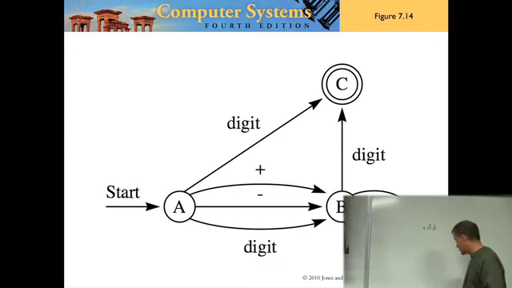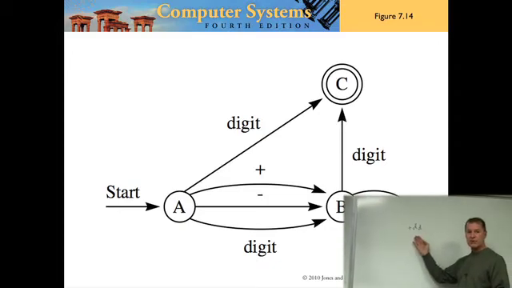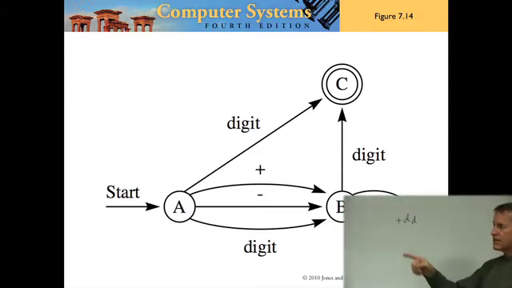Here's the string that we're trying to parse, plus DD. And let's see if we can imagine the transitions. Suppose we come in and we start at A. Now suppose we take that diagonal up to C. Oh no, we can't, because it's a plus. Sorry, we have to take the plus to state B. And now let's suppose we take the up arrow to C.